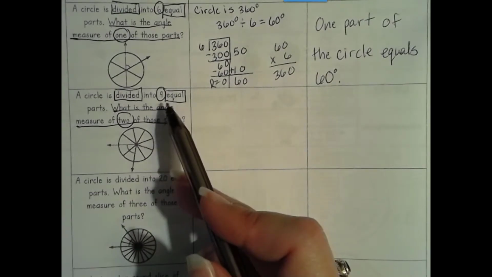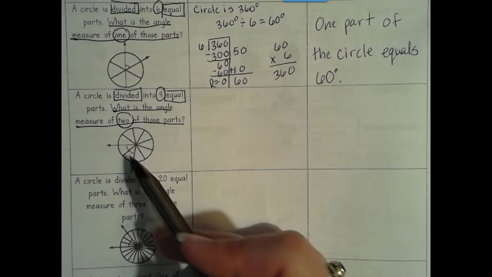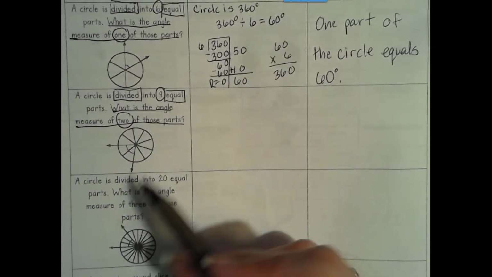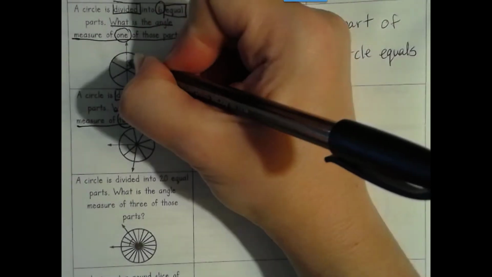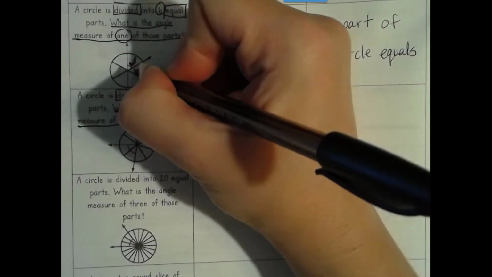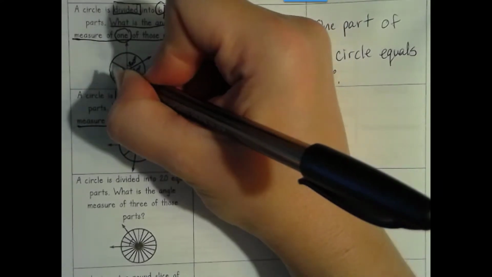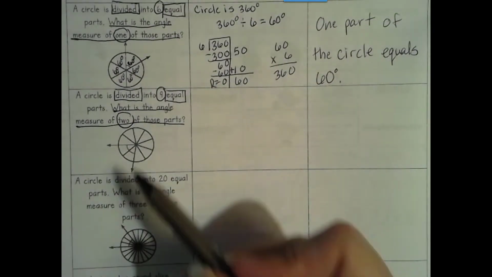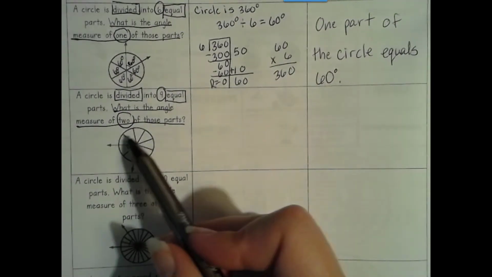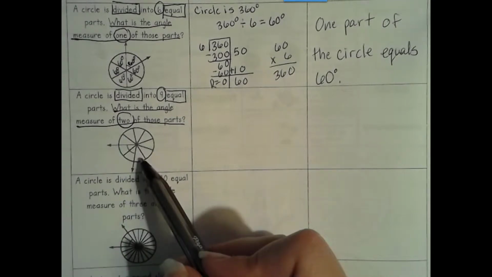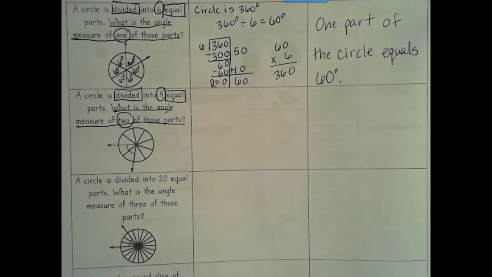So first we have to figure out what one part is, and then we have to put those 2 parts together. Because what we found out here is that one of these is 60. Each one of those parts is 60 degrees. So we have to figure out what each part of these 9 are. And then we have to put 2 together. So we're going to have to add at the end.